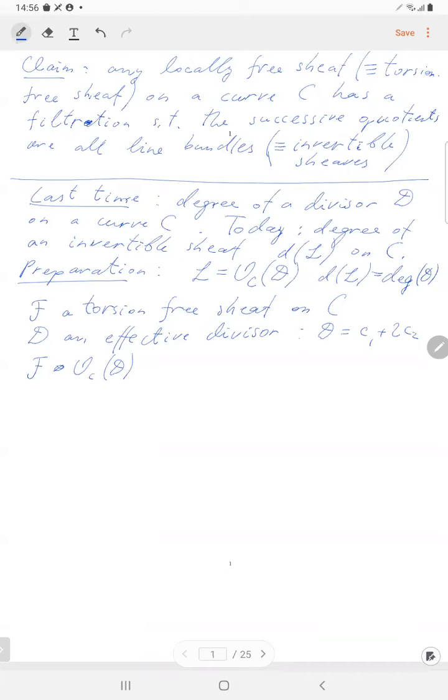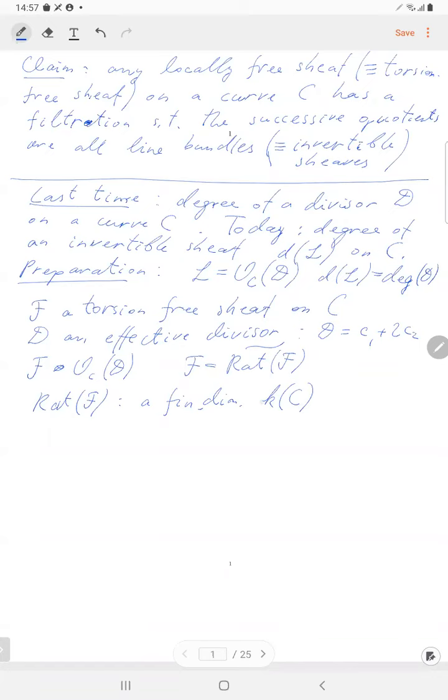So recall that we have this big sheaf of rational sections, which contains the original sheaf F, and the sheaf of rational sections is a localization, a finite dimensional vector space over the field of rational functions on our curve.